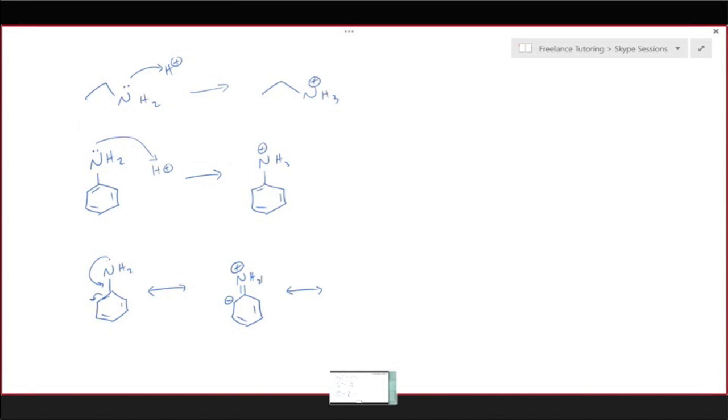Because of that, it is more stable than the first molecule, and would be less reactive. Okay, now there's a lot of truth to that.